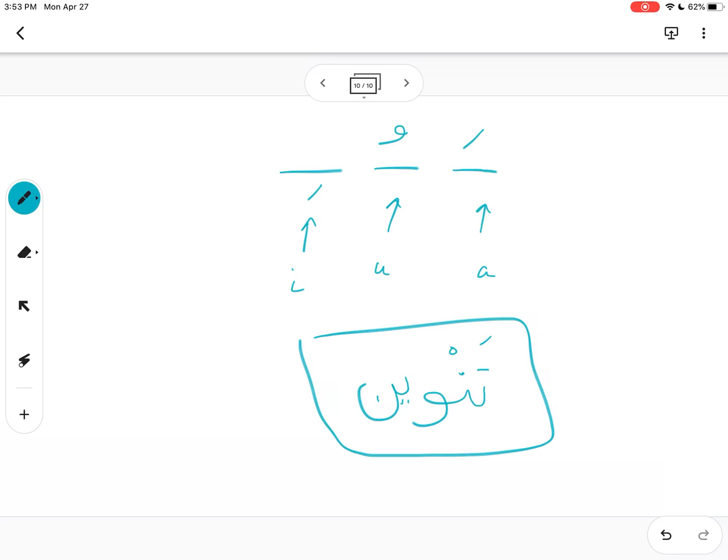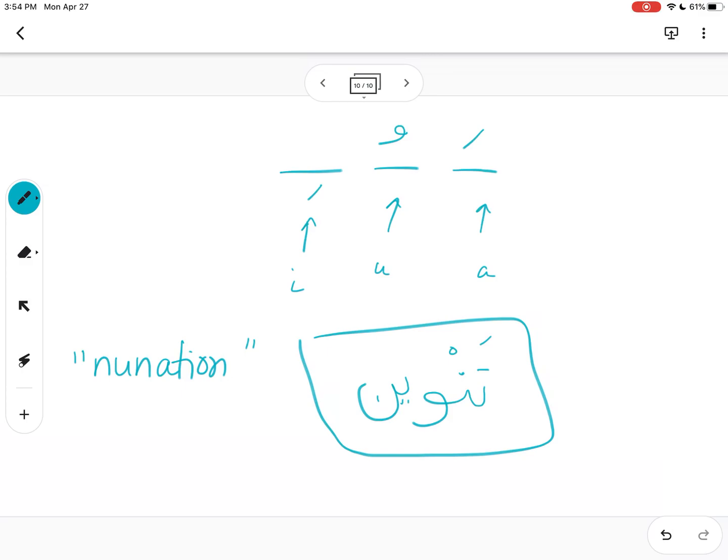And what it means is to add a noon sound to the end of a word. Fancy linguists in English have come up with a term called nunation. We don't have to use that, but it's just to remind us that tanween is when you add the sound of the noon to the end of the word. Not the letter, but the sound of the noon.